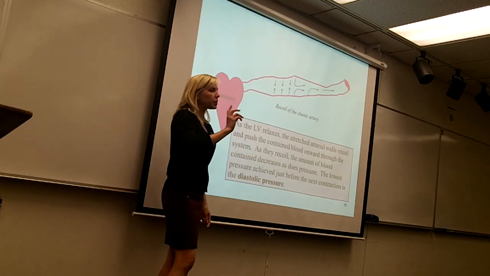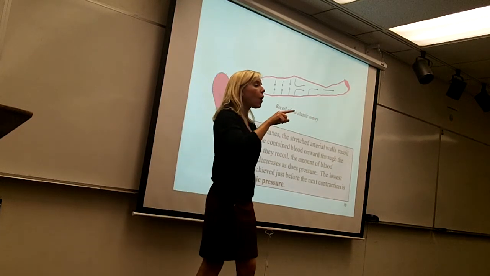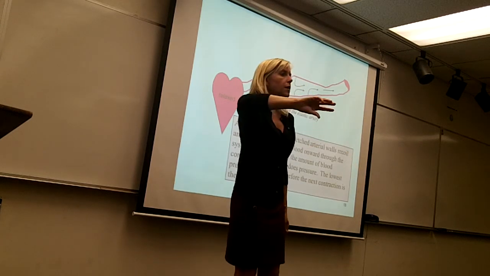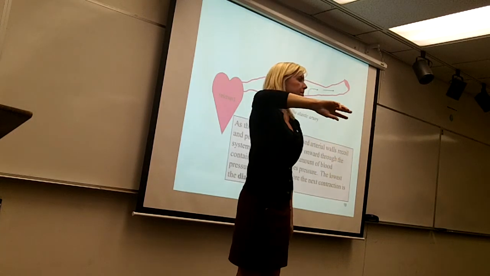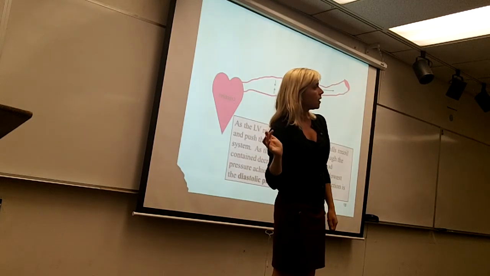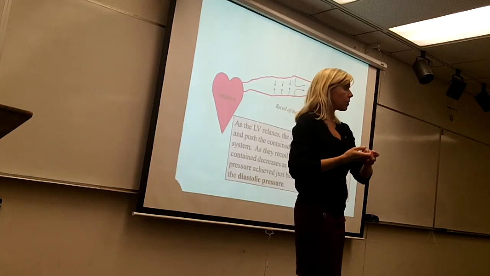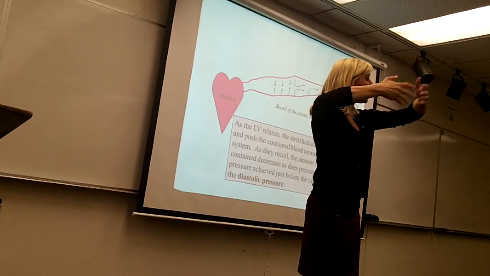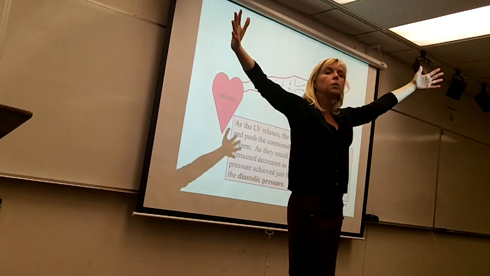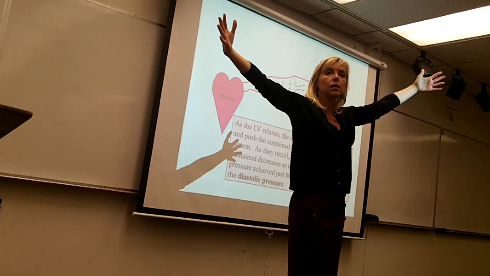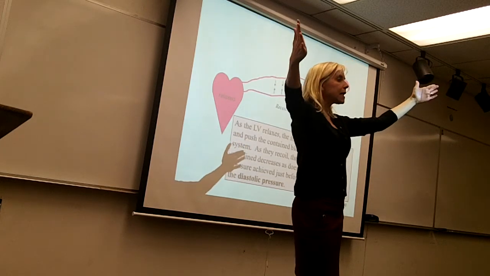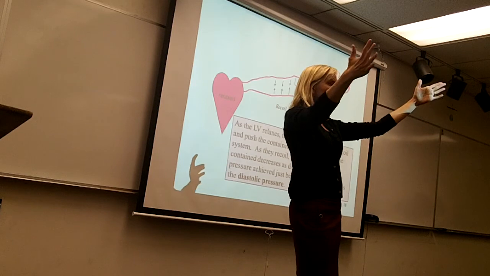This means your blood flows differently than how water flows in your house. When you turn on the faucet, you get water flowing. When you turn off the faucet, no water flowing. When the heart contracts, you get blood flowing. It's ejected out of the heart. The vessels expand, but when the heart is relaxing, the vessels recoil, and it's the recoil that maintains pressure on the blood.